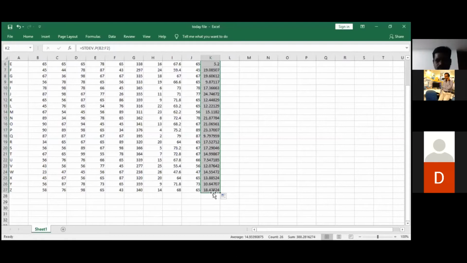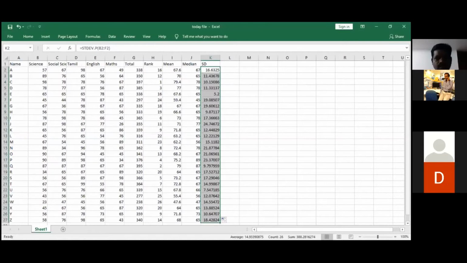Likewise, you calculate all of them, then mode, and other things like skewness and kurtosis. You put in the formula, and it comes automatically.